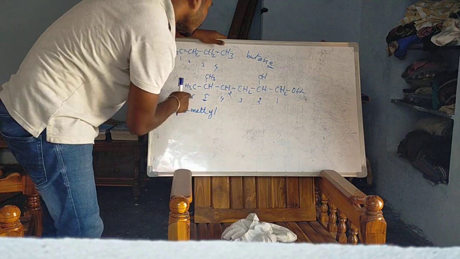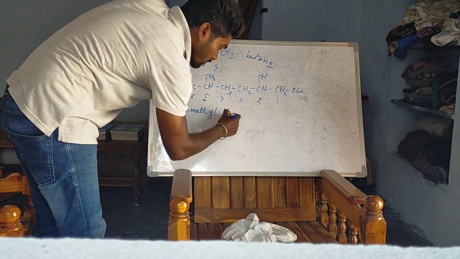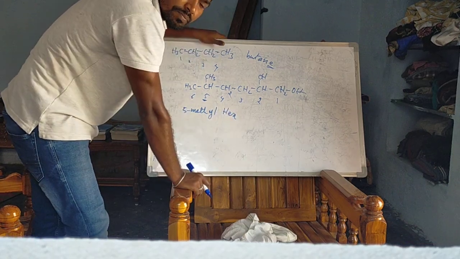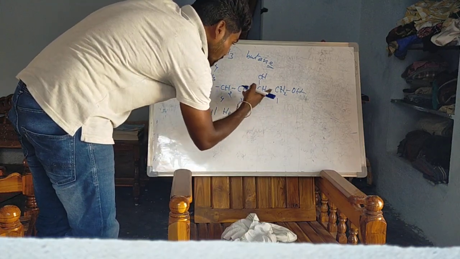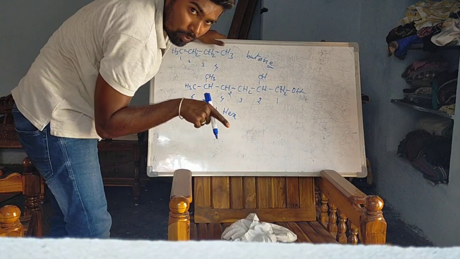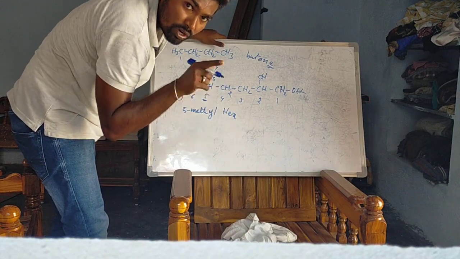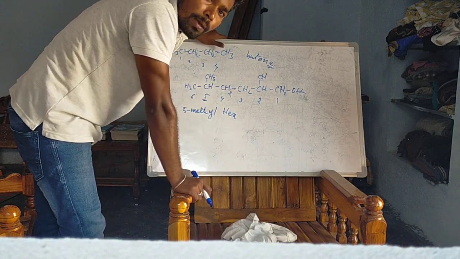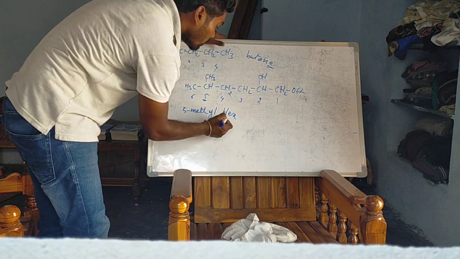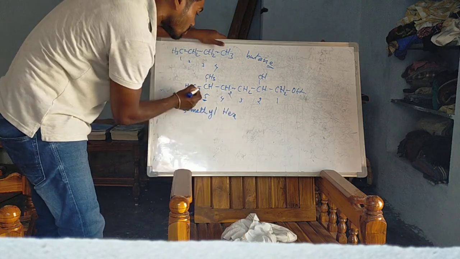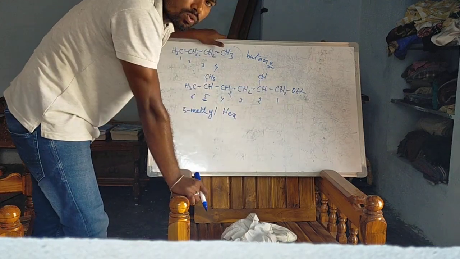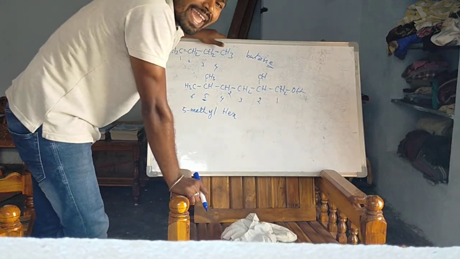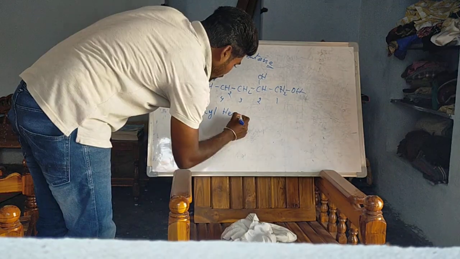The word root: 6 carbons are there, so hex. Before writing the secondary suffix, I should write the primary suffix. All bonds are single bonds between each two carbons, so the primary suffix should be an, because it is an alkane compound.